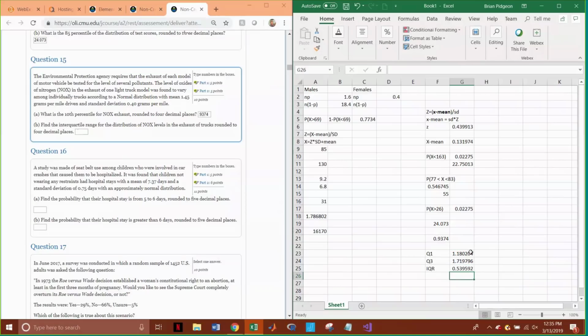And notice that in Excel, I always just click the values in their representative cells. I don't ever just say, 1.719 minus 1.180. I always click the value because it keeps everything as exact as possible. So round it to 4 decimal places, and you can use Excel if you want to, 0.5396.